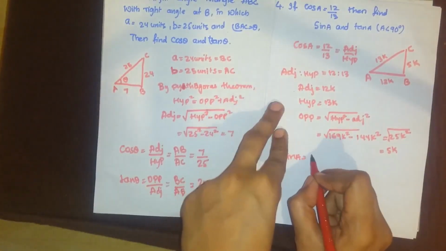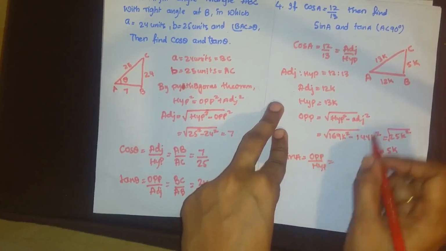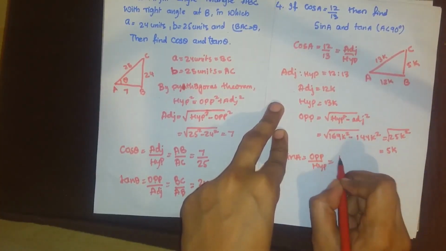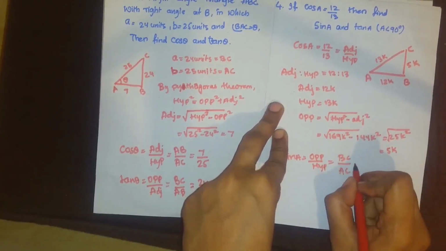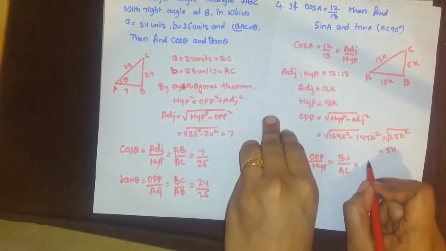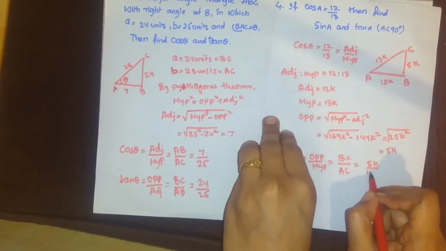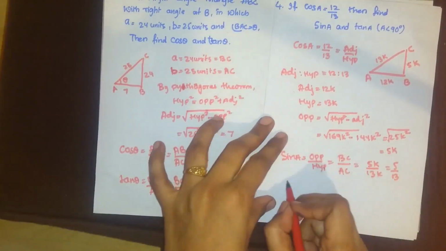Now sine A is opposite divided by hypotenuse. What is opposite to angle A over here? BC divided by hypotenuse AC. What is the BC length? 5k divided by 13k, which is equal to 5 by 13.